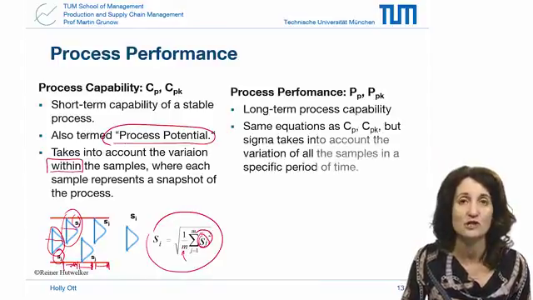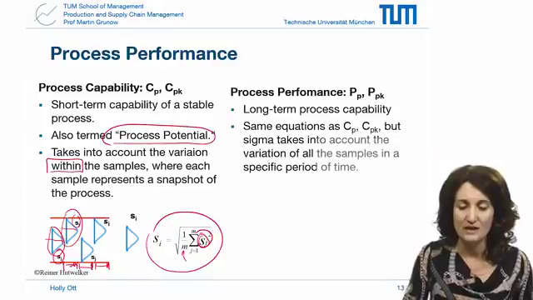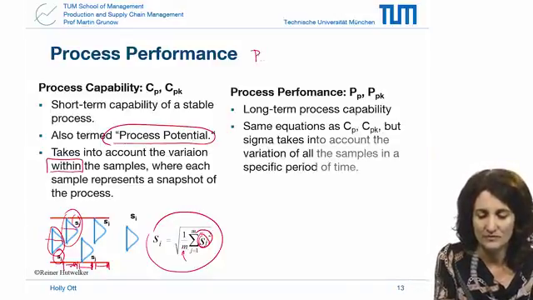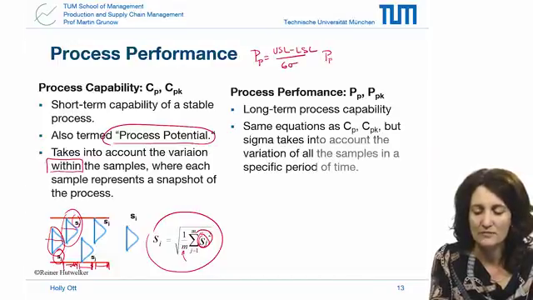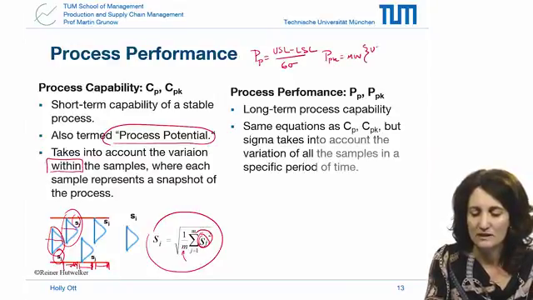So to get an estimation of the longer term capability, we have two new indices, and these are called the process performance capability indices, PP and PPK. And so these are the same. PP is equal to the USL minus the LSL over 6 sigma, and the PPK is equal to the minimum of the USL minus mu over 3 sigma, or the mu minus the LSL over 3 sigma.